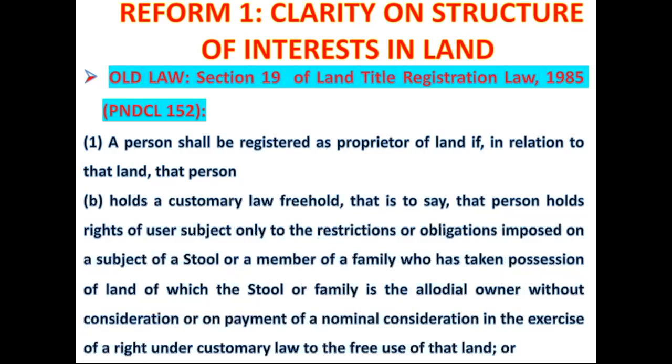B, that person holds a customary freehold. That is to say, that person holds the right of user, subject only to the restrictions or obligations imposed on a subject of a stool or a member of a family who has taken possession of land which the stool or family is the allodial owner without consideration or on payment of a nominal consideration in the exercise of a right under customary law to the free use of that land.